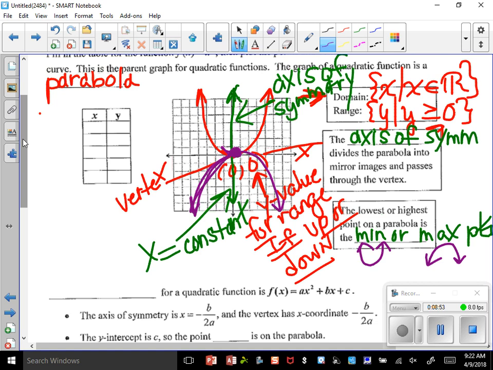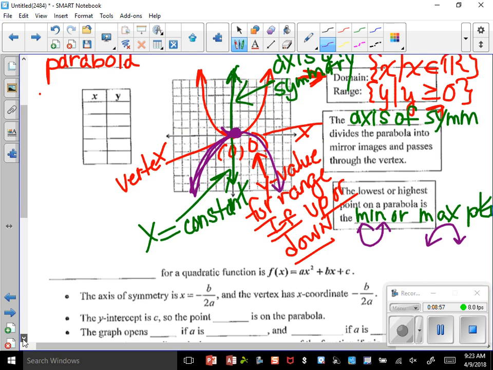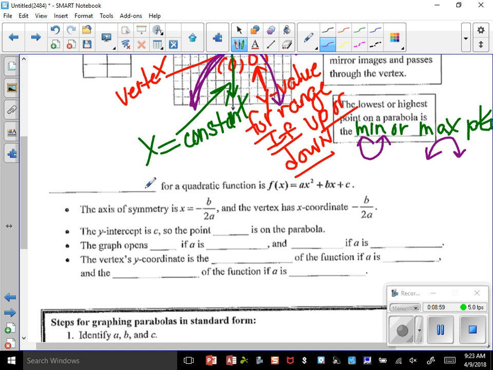So let's take a look at a couple of things down here that we need to fill in the blank. Right here, it says ax squared plus bx plus c, and you've seen that before in factoring. That is what we call a quadratic function in standard form. So that's how we write our quadratic equations in standard form.